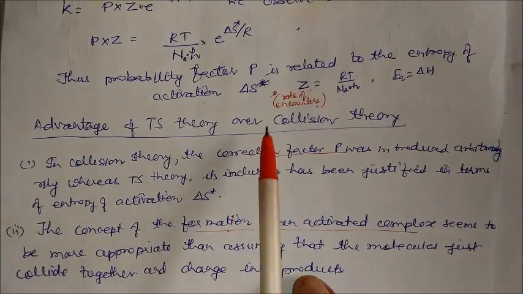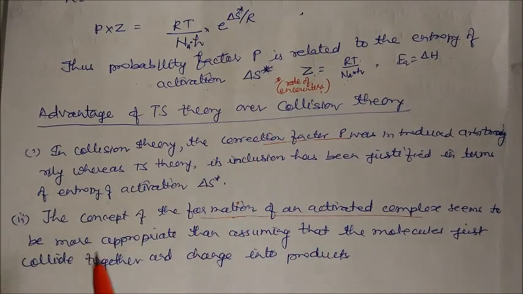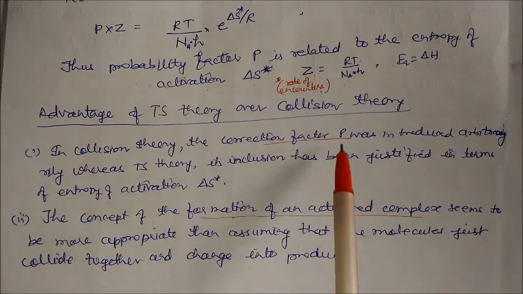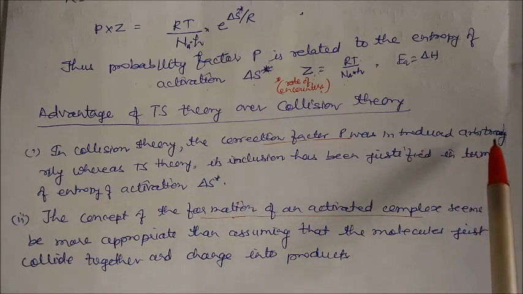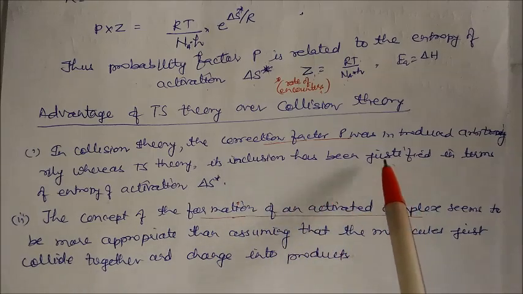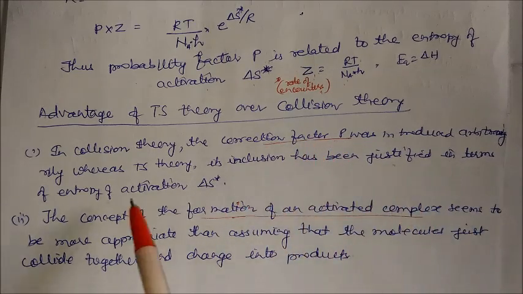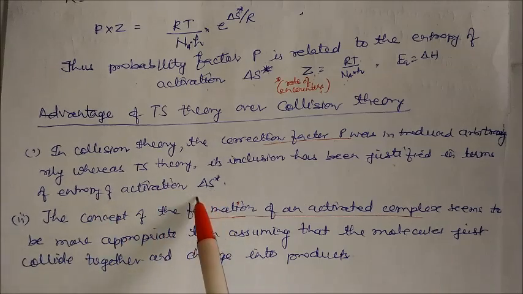Now what is the advantage of transition state theory over the collision theory? In collision theory, the correction factor P was introduced arbitrarily, whereas in transition state theory its inclusion has been justified in terms of the entropy of activation. This is one major advantage of transition state theory.